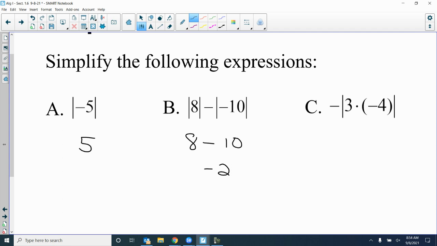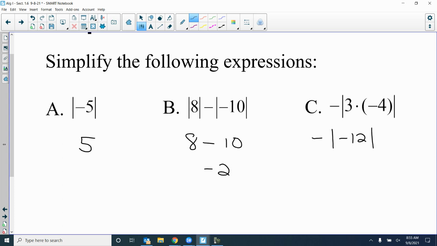All right, take a look at C. Think about that one. So for C, on the inside, first of all, the absolute values are like a set of parentheses. We need to do everything inside of there and get it down to one number. What is 3 times -4? Just good old-fashioned 3 times -4, right? -12. So now this negative on the outside stays there.